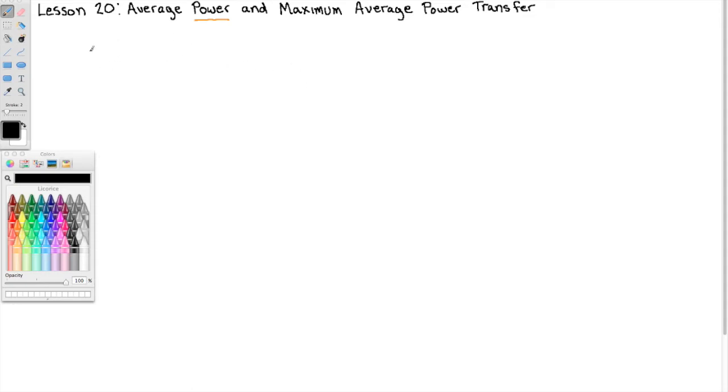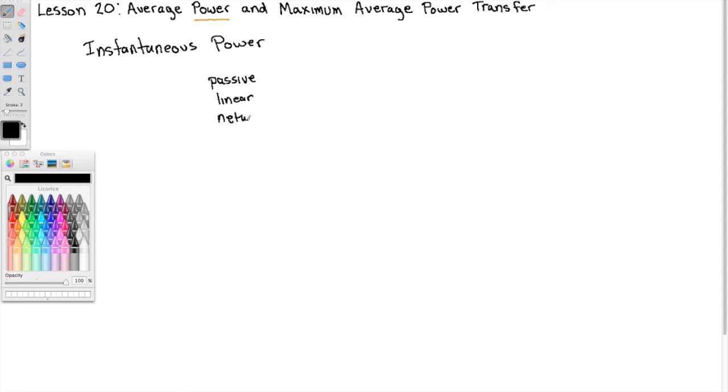Alright, well, let's start with instantaneous power. And let's assume that I have some circuit element, or we'll call it a passive linear circuit or network.